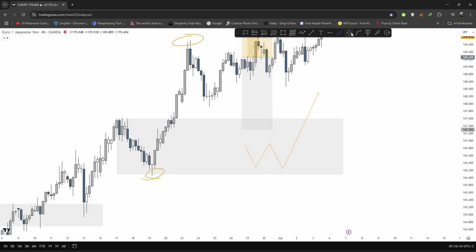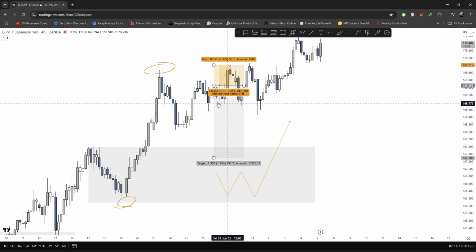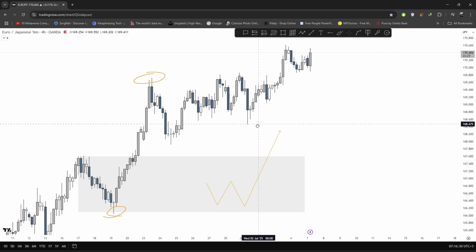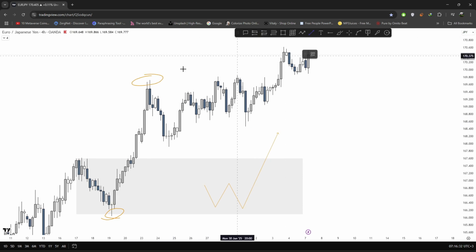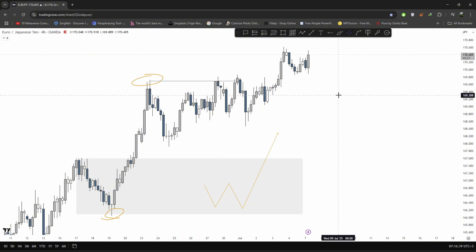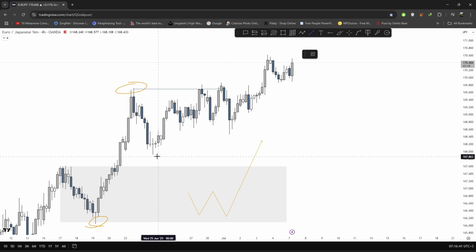However, it seems like it's changed its mind and it wants to continue to the upside, which happens sometimes. So we did take that loss, which is a quick loss, and then price just continued on to the upside. So we do have a new structure right there, continued breaking.